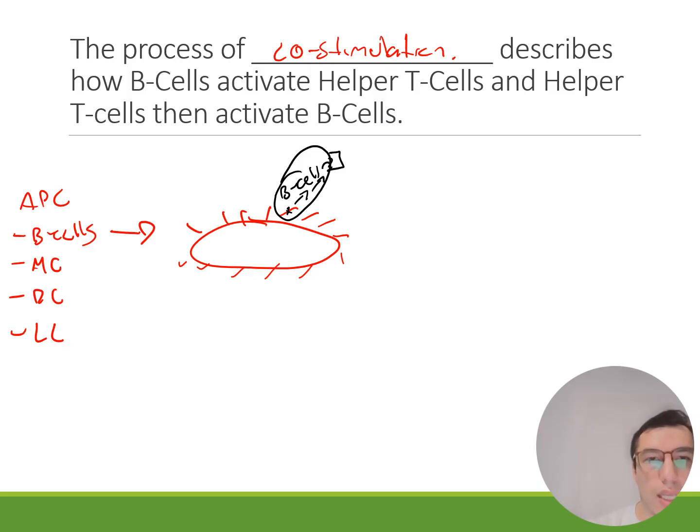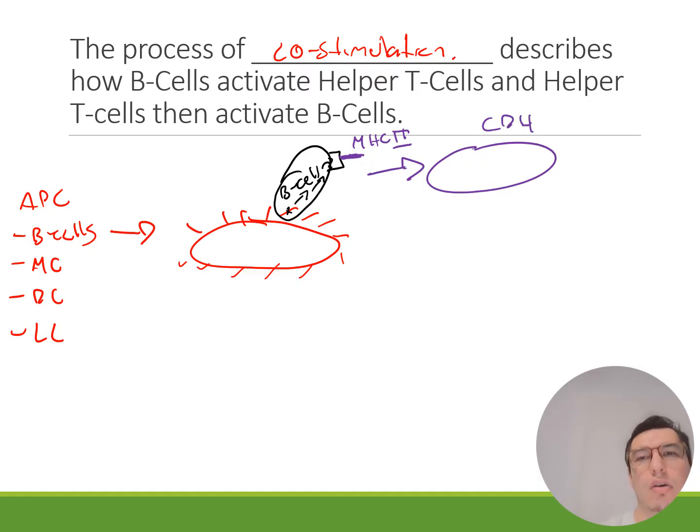We're going to put it here in purple. Now it's going to show it in this MHC2 receptor. The MHC2 receptor is then going to activate T cells. So this helper T cell, or the CD4, is going to be activated by this MHC2 receptor with the antigen that this B cell had engulfed. Now the CD4 activated T cell, once activated, is going to activate another B cell.